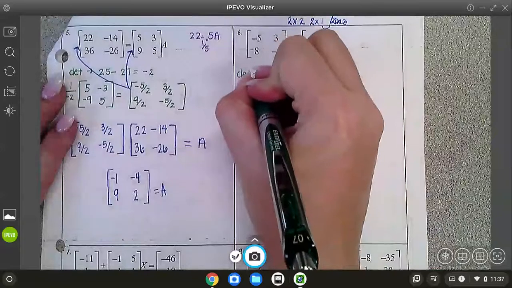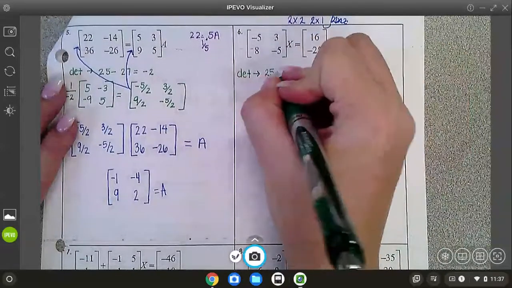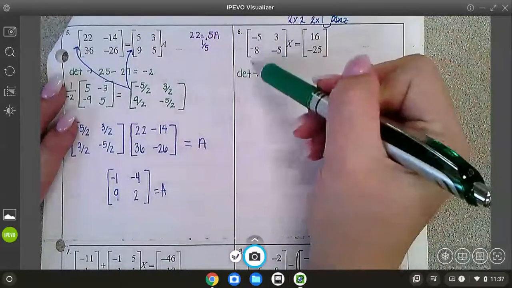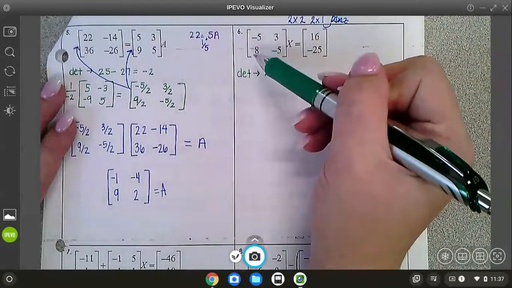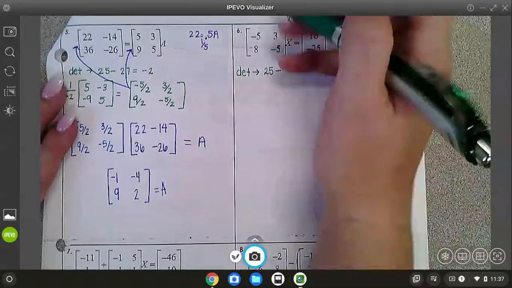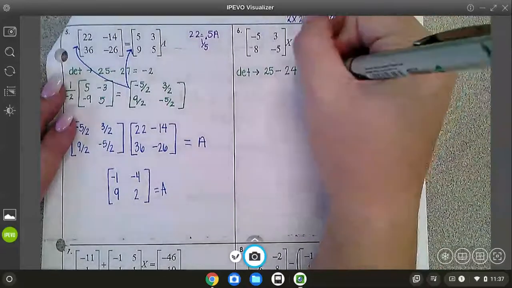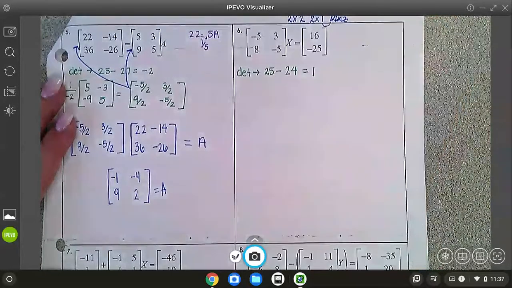So the determinant first, we have positive 25 minus, this is not a negative 8. That's just, if yours has that mark, that's just from the copier. 8 times 3 is 24. 25 minus 24 is 1.